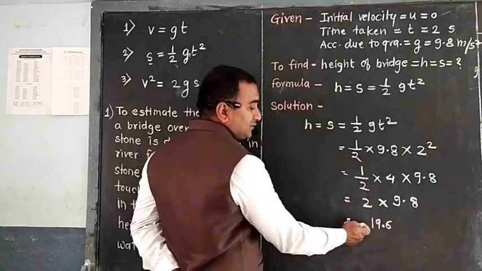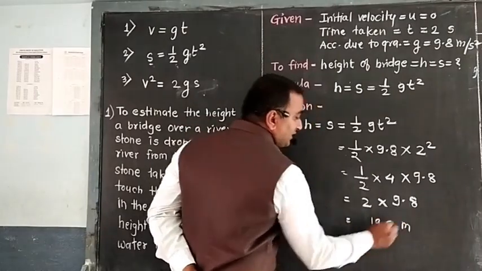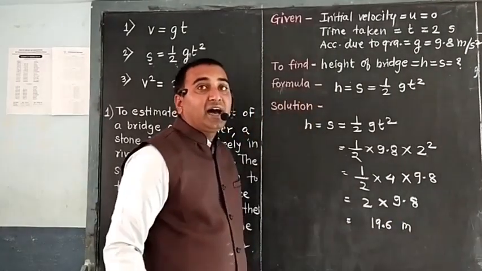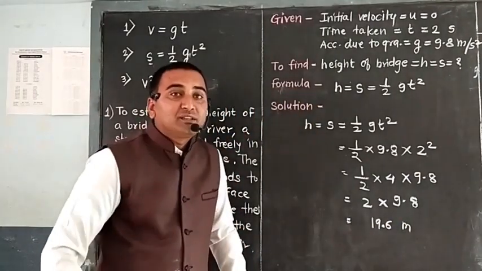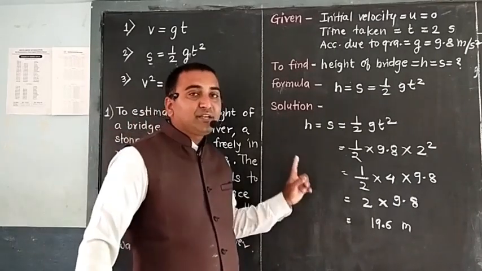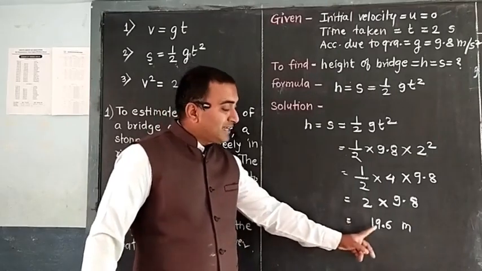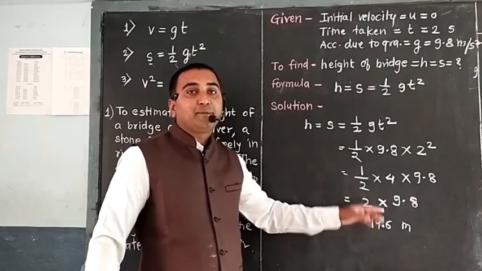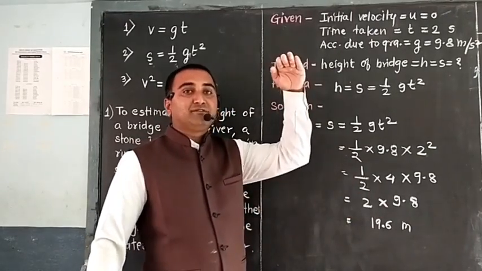It is a distance, so always measured in meters. So what is the height of the bridge from the surface of the river water? Definitely the bridge is 19.6 meters from the surface of the water.